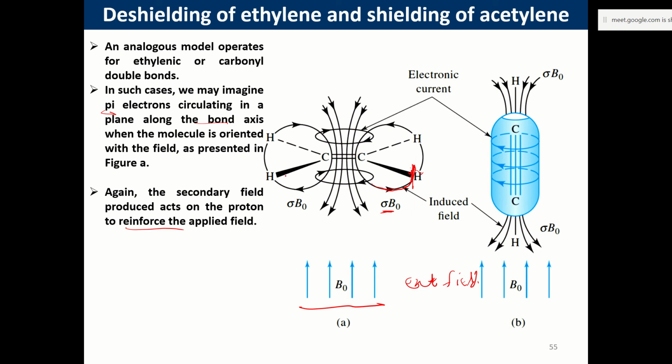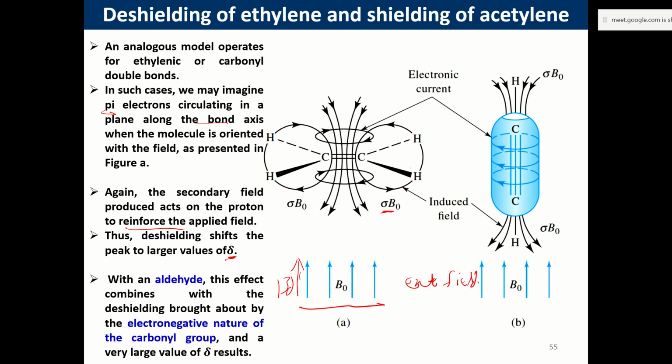You can see this is adding up as it curls like this. The direction of this is B naught, the applied field, and for these protons you can clearly see that it adds up. So you can expect overall deshielding, and they will appear at a larger chemical shift.